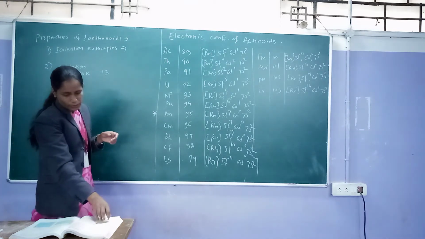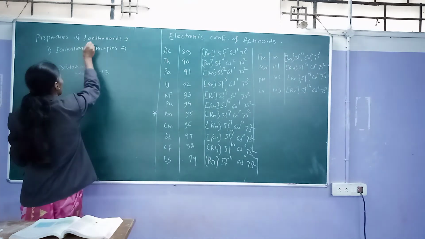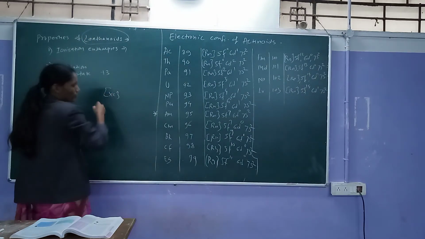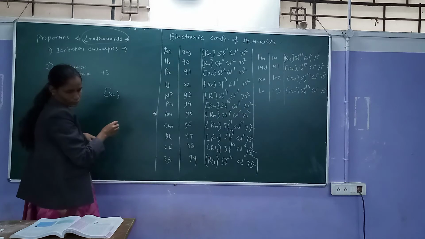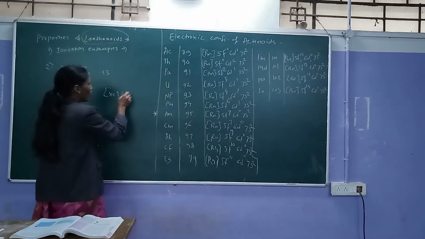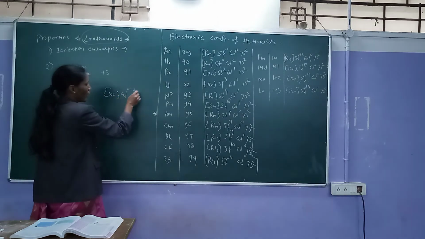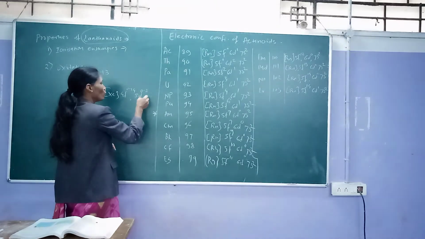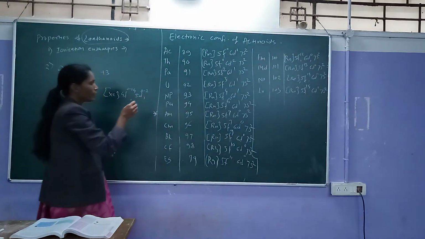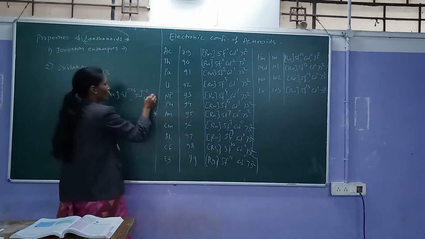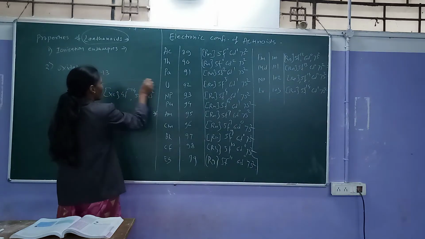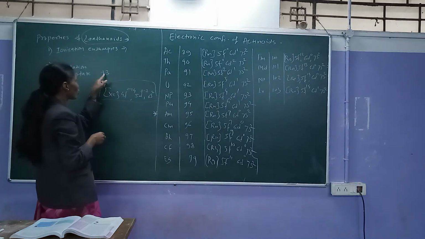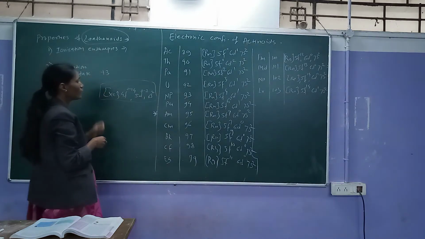For example, the electronic configuration of lanthanoids is xenon 4f 0 to 14, 5d 0 to 2, then 6s2. From this data, the common oxidation state of lanthanoids is +3.